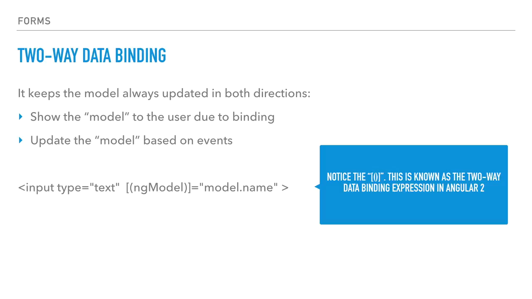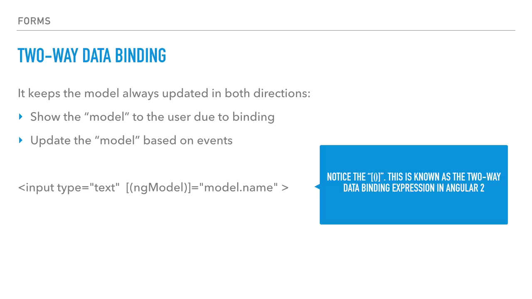In the example that we can see here, we have an input of type text, and we are using the two-way data binding expression to keep the model, the property name, always updated in both directions. What do I mean with this? I mean that the model.name probably holds a value that comes from the constructor of a class or from whatever it is, from a service.